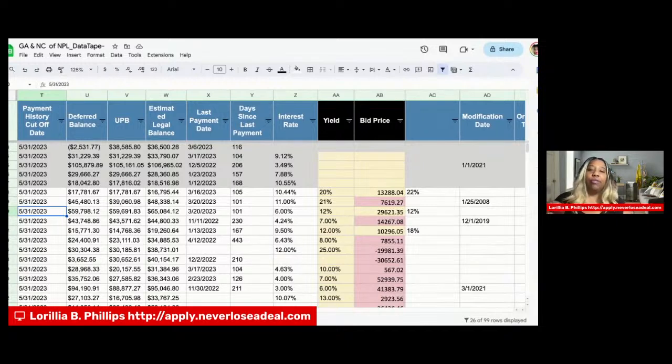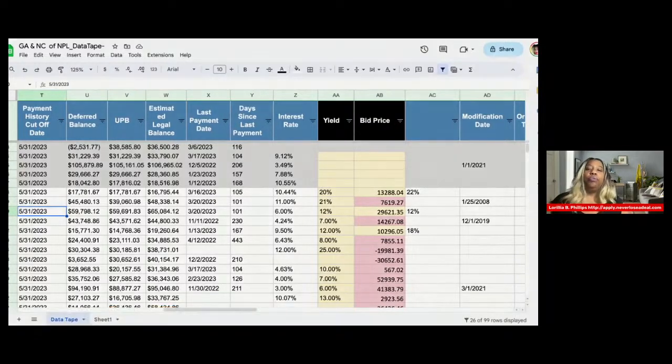We're looking at the payment stream, the amount of yield that we want to earn, and the cash on cash return. This is just an example of what investing in cash flow looks like.